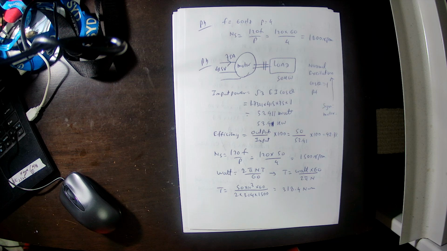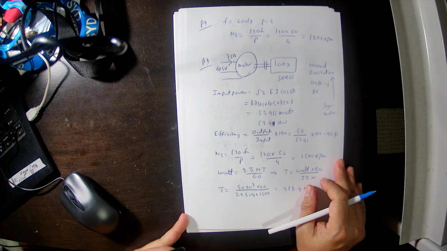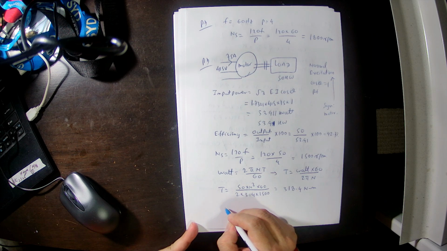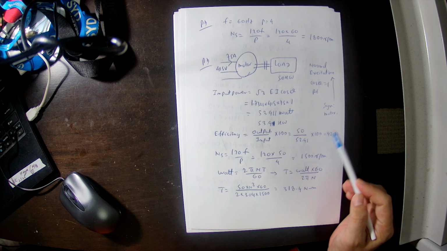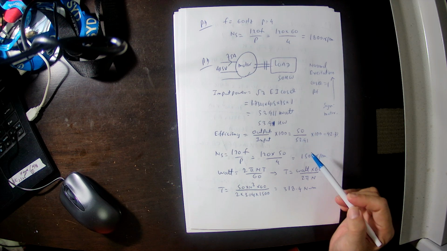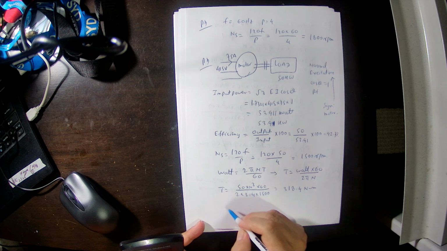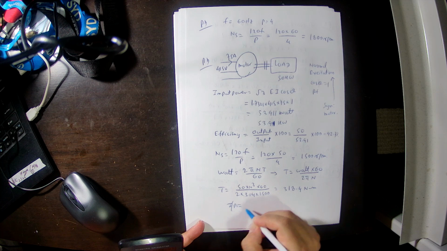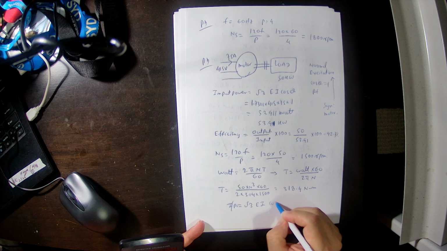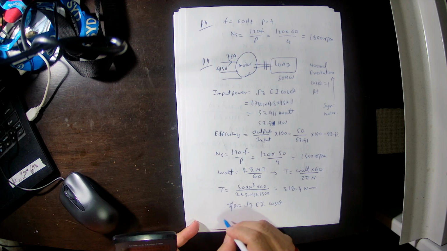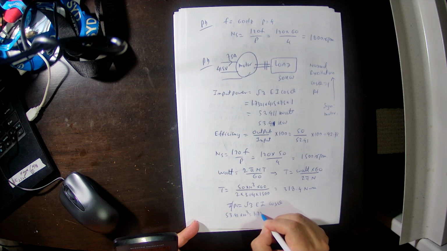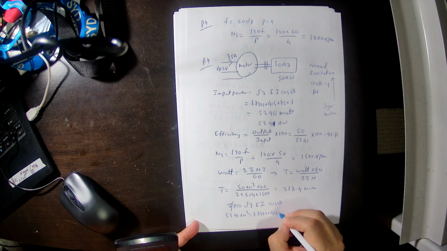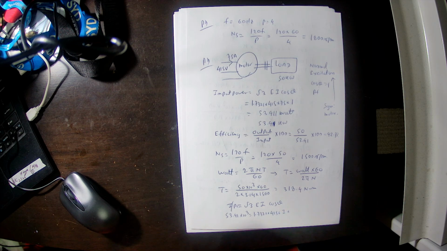In this case, the input power is the same, because the output is 50 kilowatt with efficiency 92.7%, so input power is 53.91 kilowatt. The input power equals root 3 E I cos theta. So 53.91 into 10 power 3 equals 1.7321, voltage 415 volt, current unknown, and power factor reduced to 0.8.